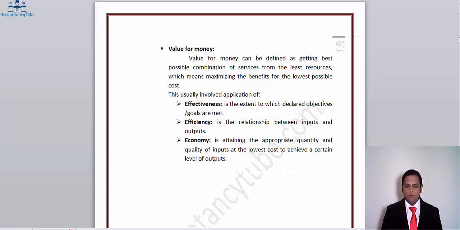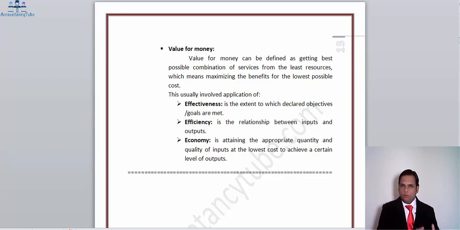is value for money. Now, value for money can be defined as getting the best possible combination of services from the least resources, which means maximizing the benefit for the lowest possible cost. This implies getting the most done effectively and with quality with the minimum cost and resources.